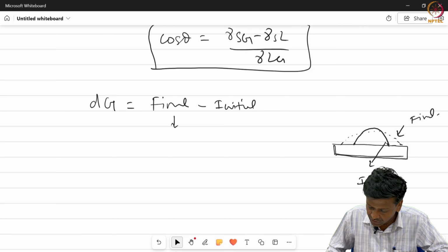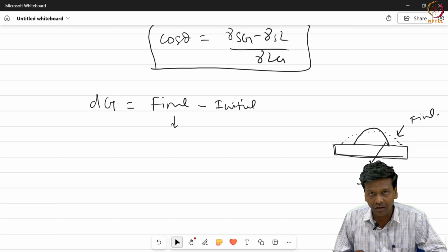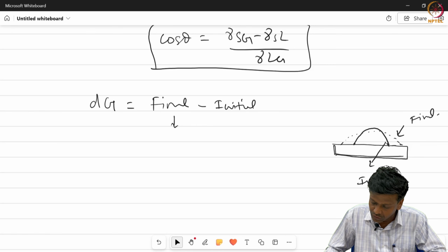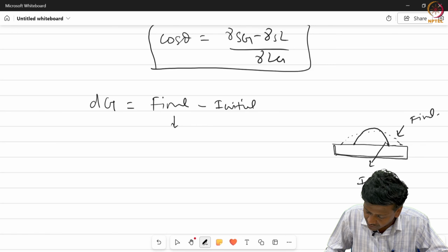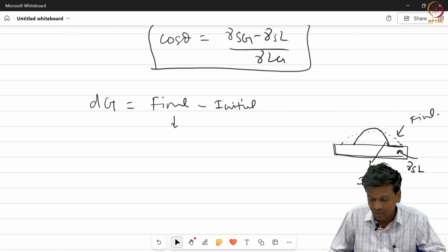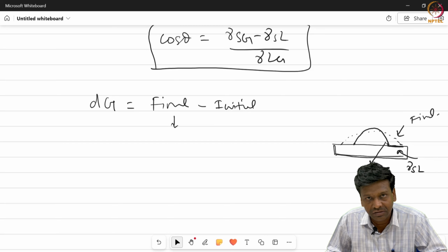Let's assume that this process is spontaneous; now how we arrive at this equation is what we are going to look at, this alternative way of obtaining it. If you look at this surface, it is now covered by gamma SL, which means that previously this was occupied by gamma SG. Now that surface energy is lost because it is replaced by gamma SL. So gamma SG no longer exists, right?